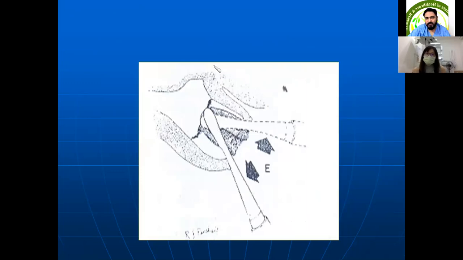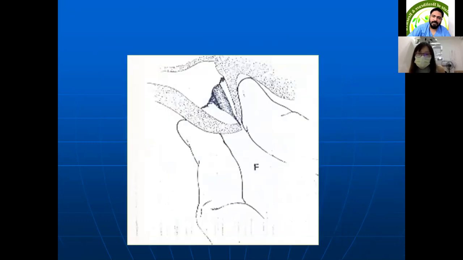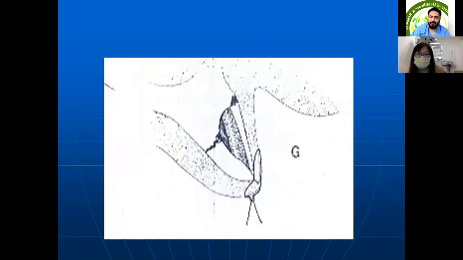Then fracture both the cortices, labial and lingual or palatal, then compress. Now you can see this palatal is also fractured, and this is also fractured. And then sutured.